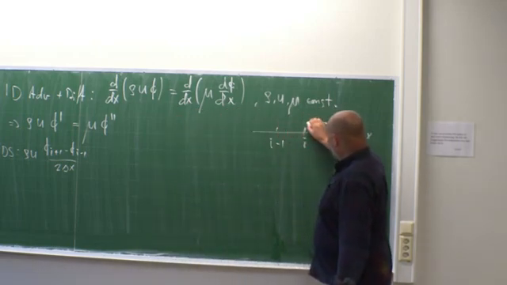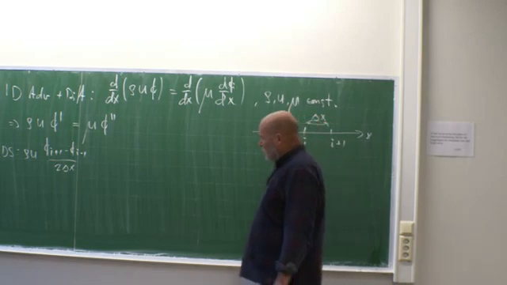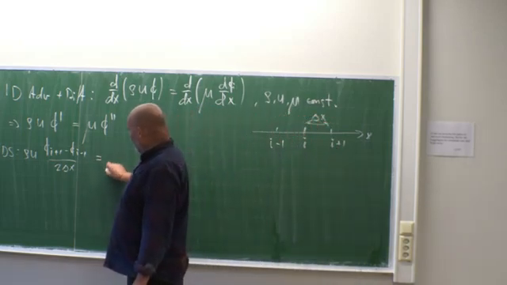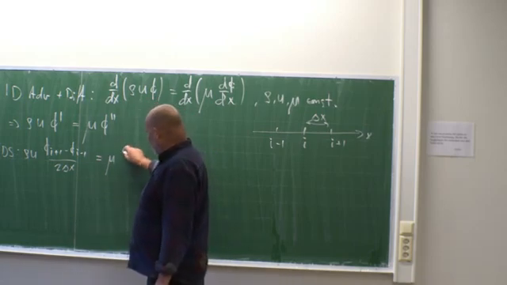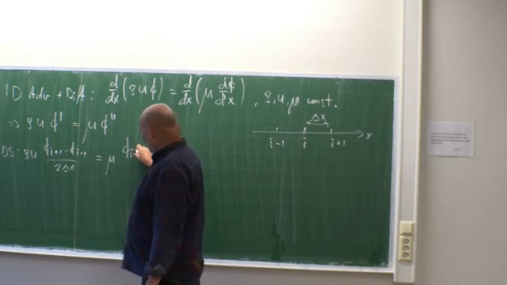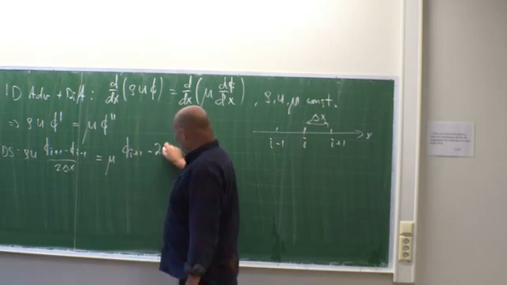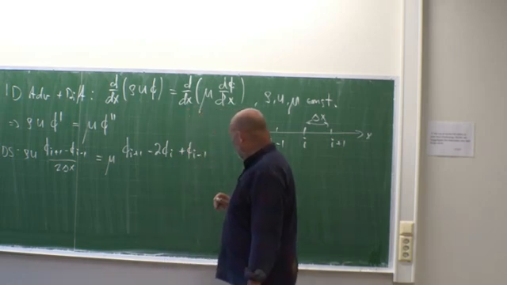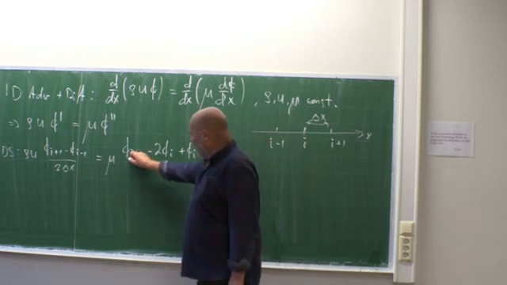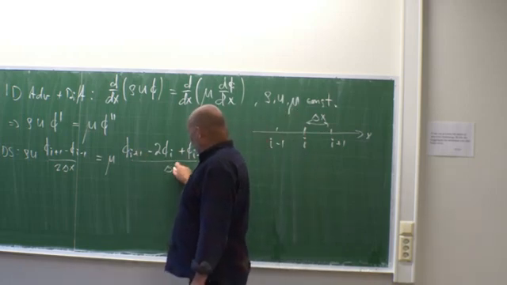So here I have 1 delta x. And then on the other side, you get the viscosity and then a double derivative. That one we create with the central scheme: I plus 1 minus 2 times the center point plus the other point, I minus 1, divided by delta x squared.